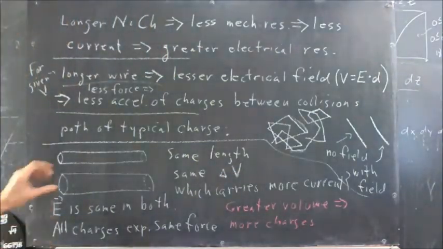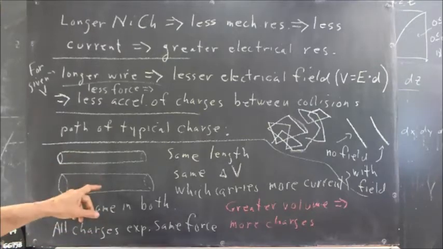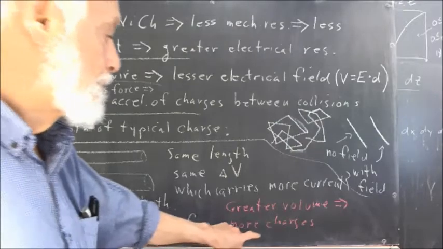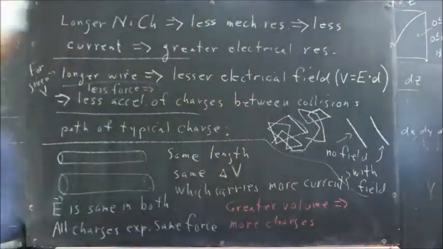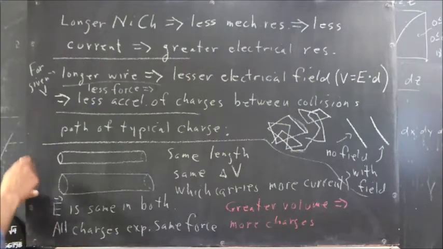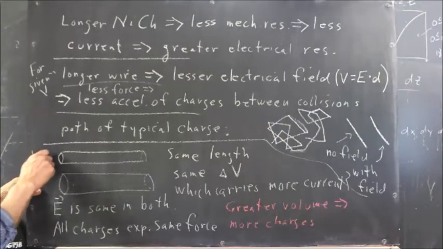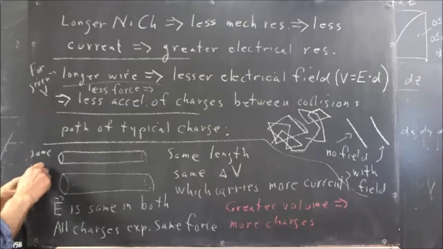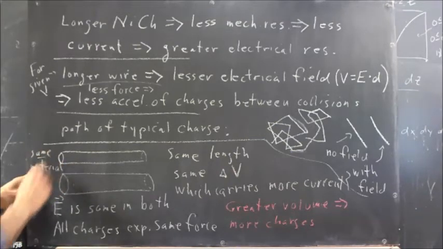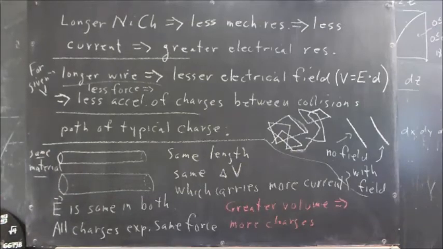Well, it's going to be the one that has the greater number of charges. If they're the same material, then greater volume is going to imply that there are more charges, and greater volume goes with greater cross-sectional area. And I'm going to make a note here that this is the same material in both cases.